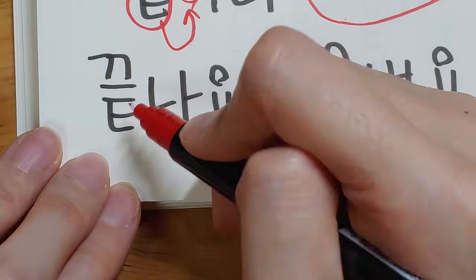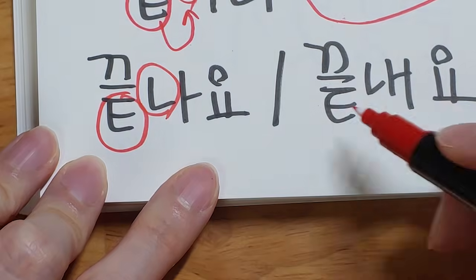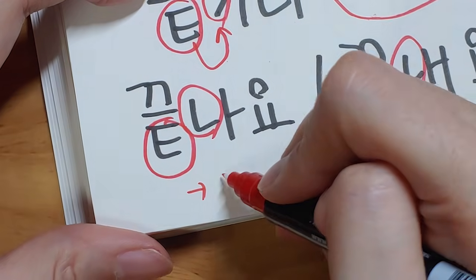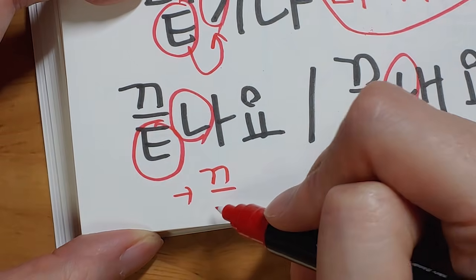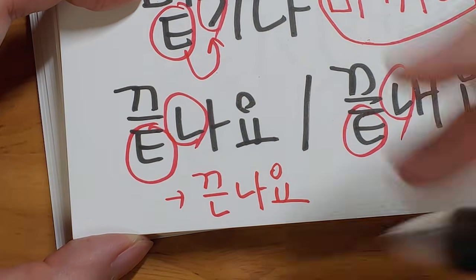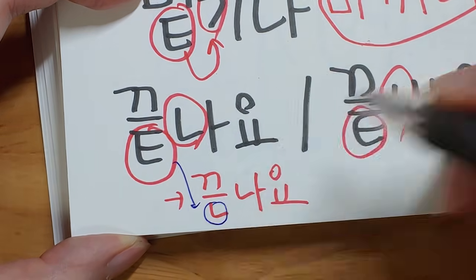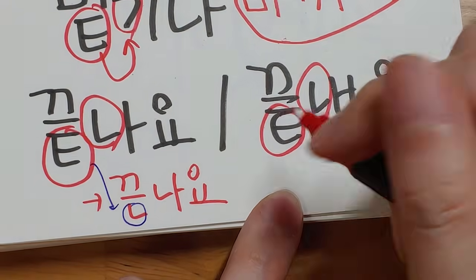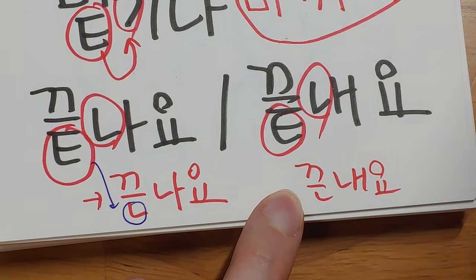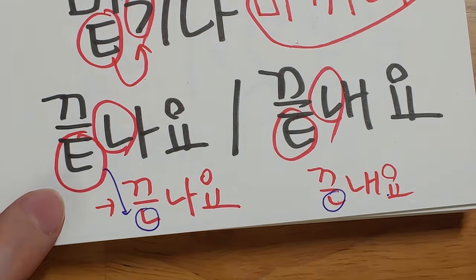맡기다. And this one. So this shouldn't be hard to figure out the pronunciation. 끝나요, right? It softens to 은. And 끝내요, it softens to 은 again when it meets 느. So 끝나요.